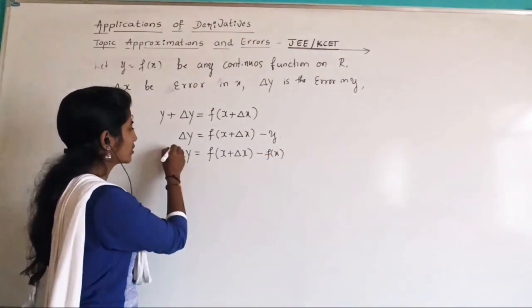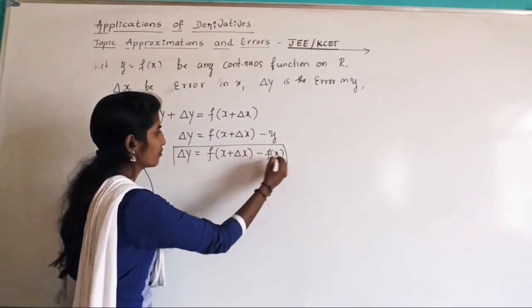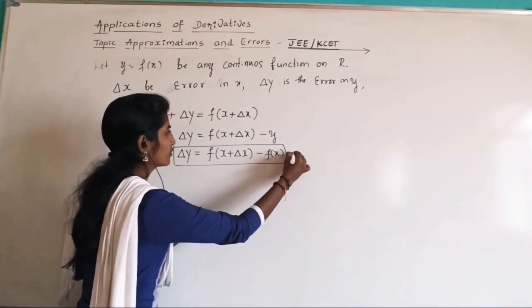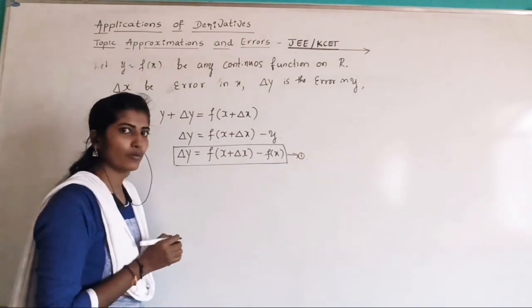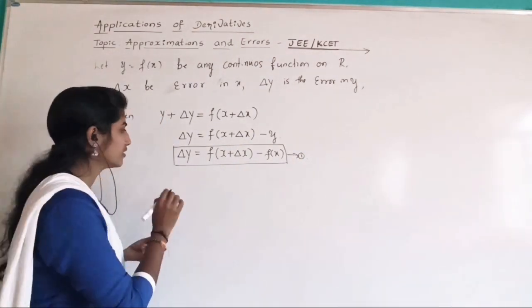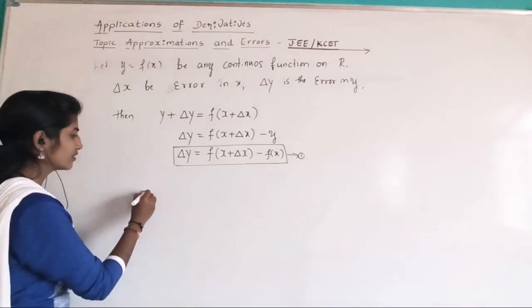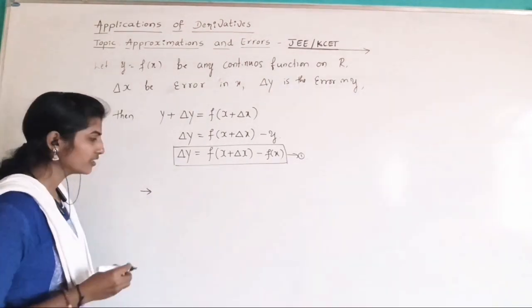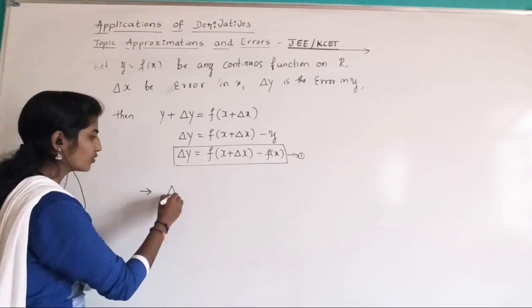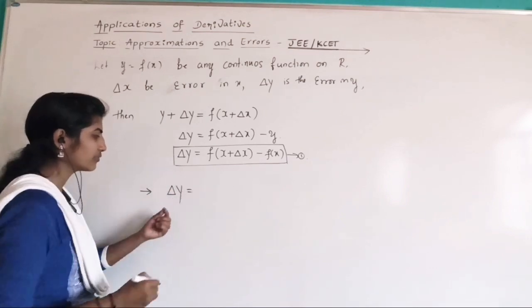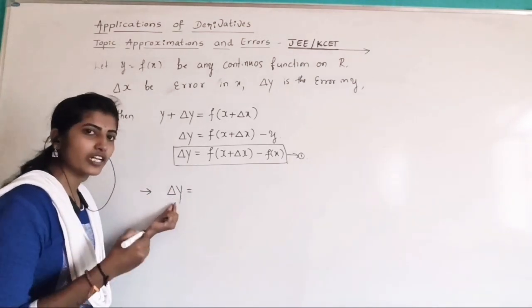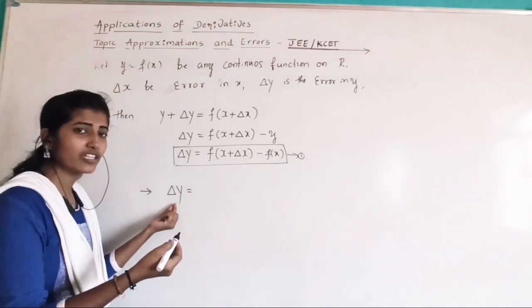Here you need to keep this thing as equation number 1, which is going to be helpful while solving the problems, right? After that, second thing I am going to tell you here, delta y, you know the formula, delta y is nothing but the error in y.